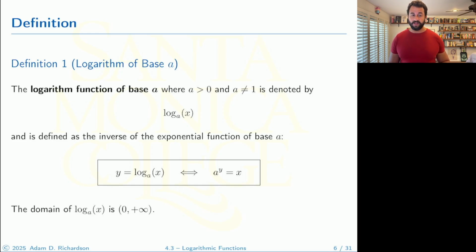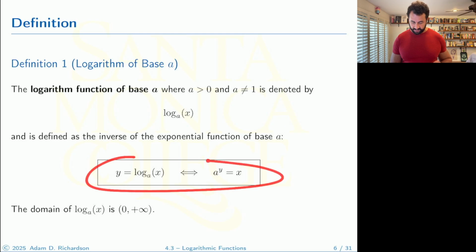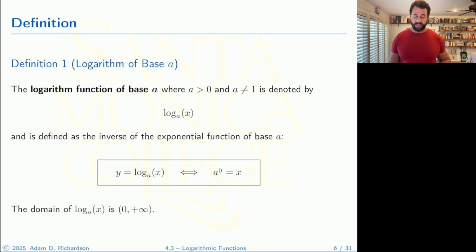Now, because the logarithm is defined as the inverse of an exponential, this is the relationship that it obeys. In other words, y equals log base a of x if and only if a to the y equals x. And we're going to emphasize this relationship a lot in just a minute here.